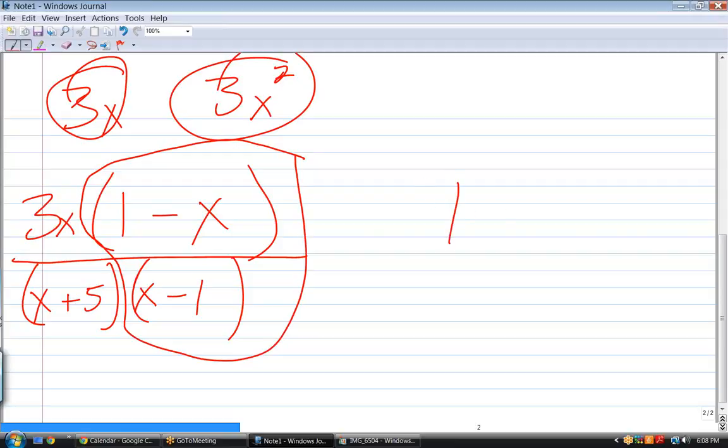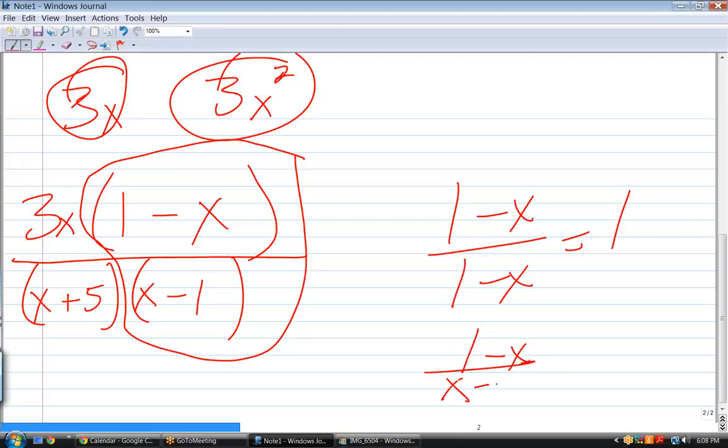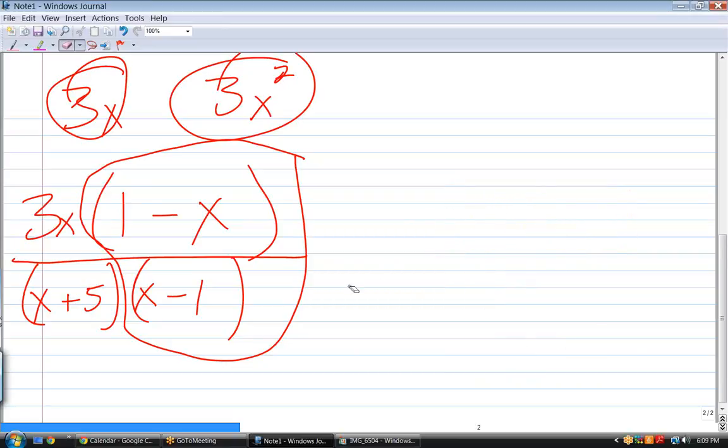In other words, 1 minus x over 1 minus x is 1. But 1 minus x over x minus 1 is negative 1, because this is always the negative of this, or vice versa. So this is one of the few exceptions where you can cancel and replace it with a negative 1.